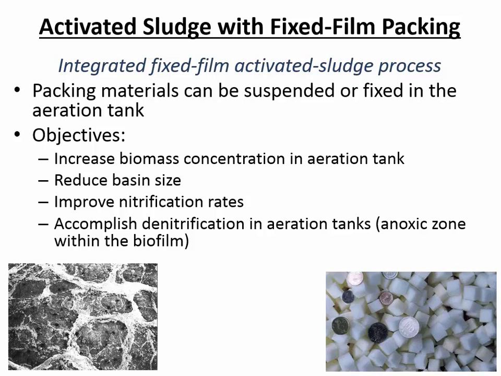The bacteria will grow on the surface of the foam cube, and on the inside of the foam cube you'll have an anaerobic environment where oxygen doesn't penetrate as easily. You can get some of the same effects as we saw with the granular activated sludge reactors, where at the center, since it's anaerobic, there's nitrogen removal. And so they call this an integrated fixed film activated sludge process.